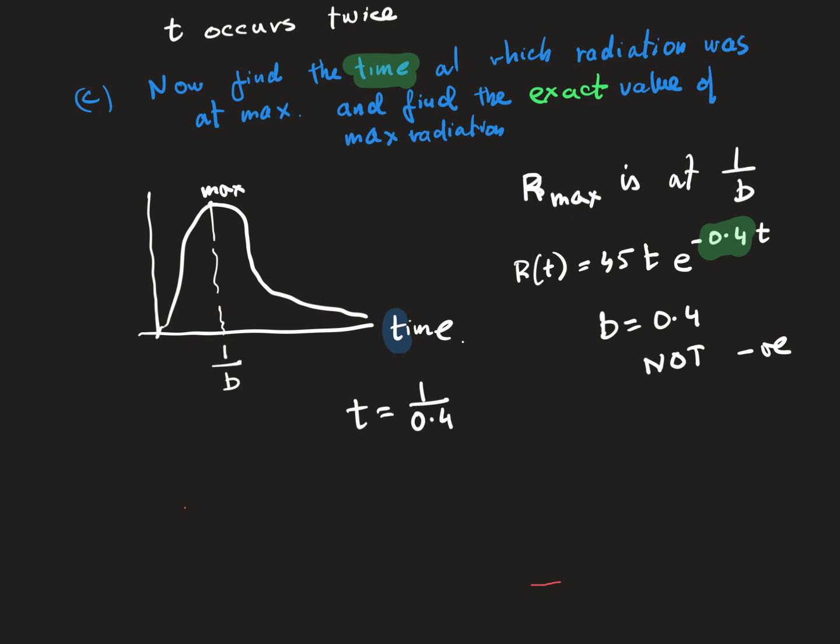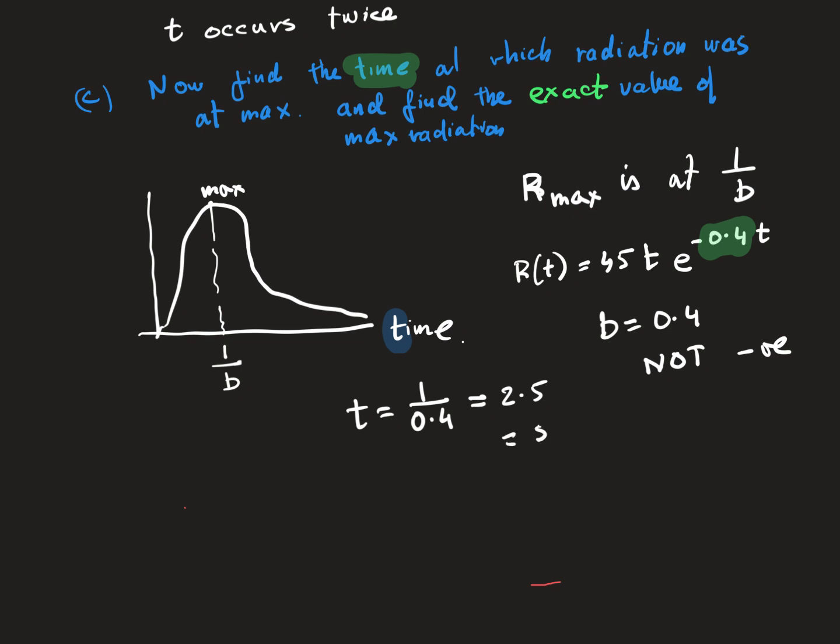Now, if I want to find out the exact value, don't plug it into the calculator, because this will not give you the exact value. We have to do it like this. This is actually another way of saying 2.5, but 2.5 we don't use because that's a decimal.